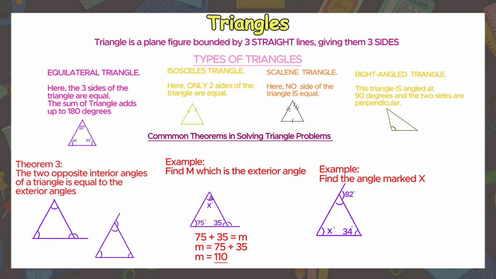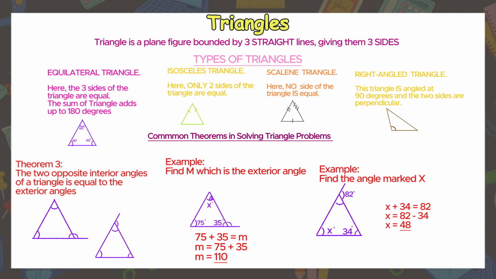So what do we have as the interior angles? We have x plus 34 equal to 82. Following the theorem, that means that x is equal to 82 minus 34.